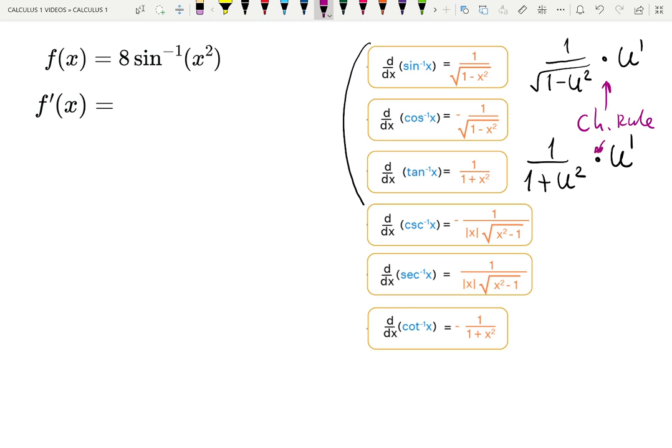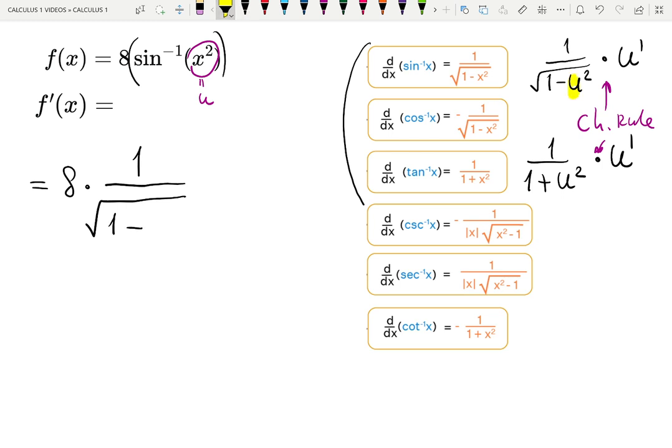So let's do it. Actually, in this case, as you can see, indeed we have a function inside of the arcsine. The 8 is just multiplied by the derivative of arcsine because it's a constant multiplied by a function. The derivative of arcsine will be 1 over a huge square root. I just like to say it for fun, that it is huge. 1 minus input squared.